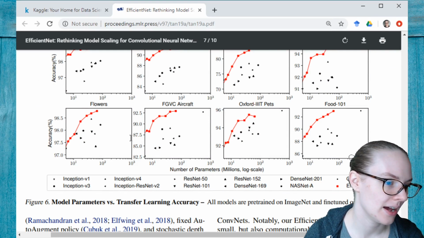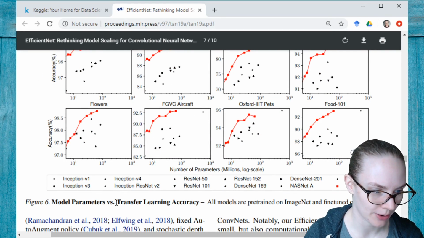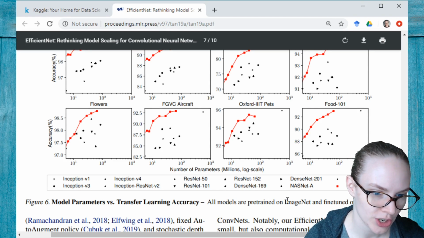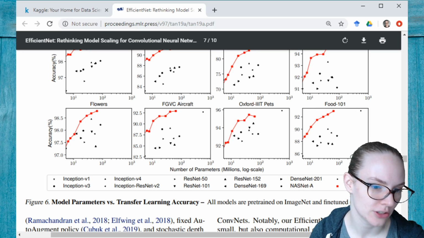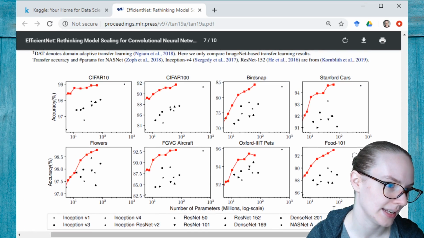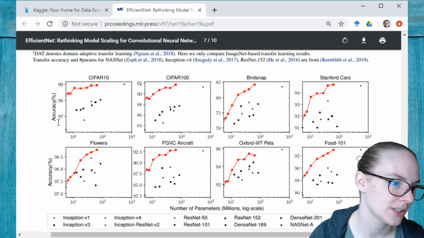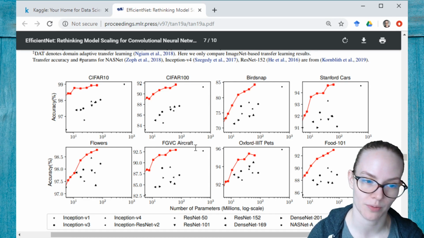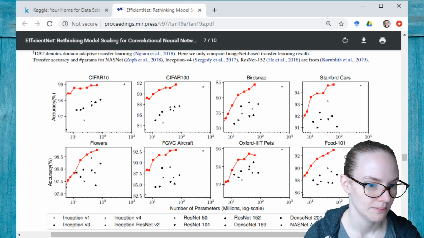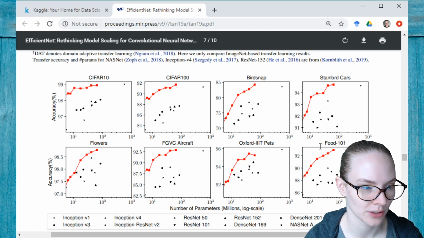All right, and then figure 6, model parameters versus transfer learning accuracy. All models are pre-trained on ImageNet and fine-tuned on new data sets. So here we have accuracy, here we have the number of parameters.